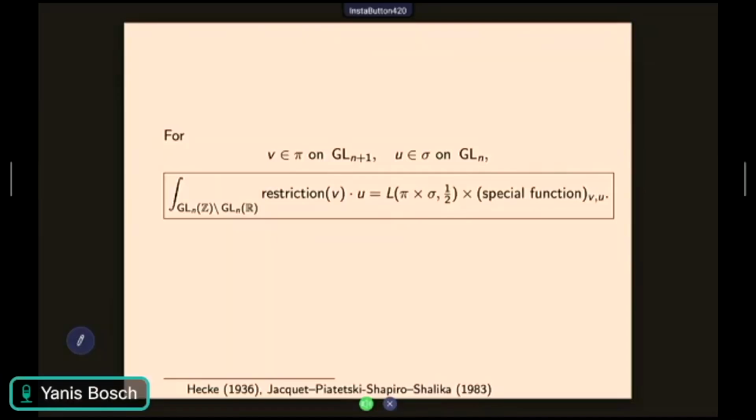Its behavior determines, to a large extent, what you can say about an L-function using an integral representation like this. For instance, if you're interested in proving that an L-function is holomorphic to a large degree, knowing that the special function does not vanish, much like the gamma function doesn't vanish, is a very useful input.